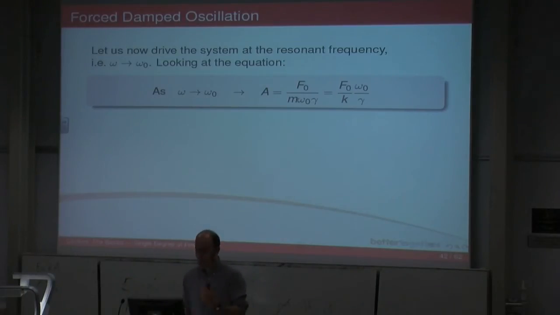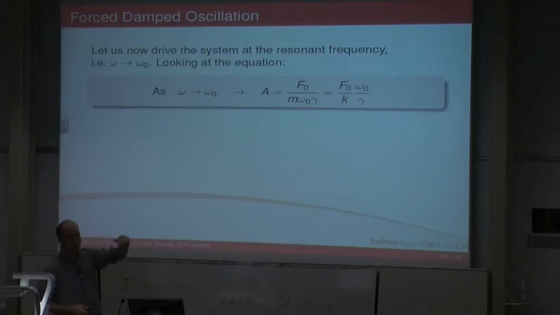And so you can see that the amplitude at the resonant frequency is equal to this term, omega naught divided by gamma, times the static displacement. F naught upon k was the static displacement when omega is 0. Well, when you're at omega naught, you get some amplitude that's greater than the static displacement by this amount, omega naught divided by gamma.